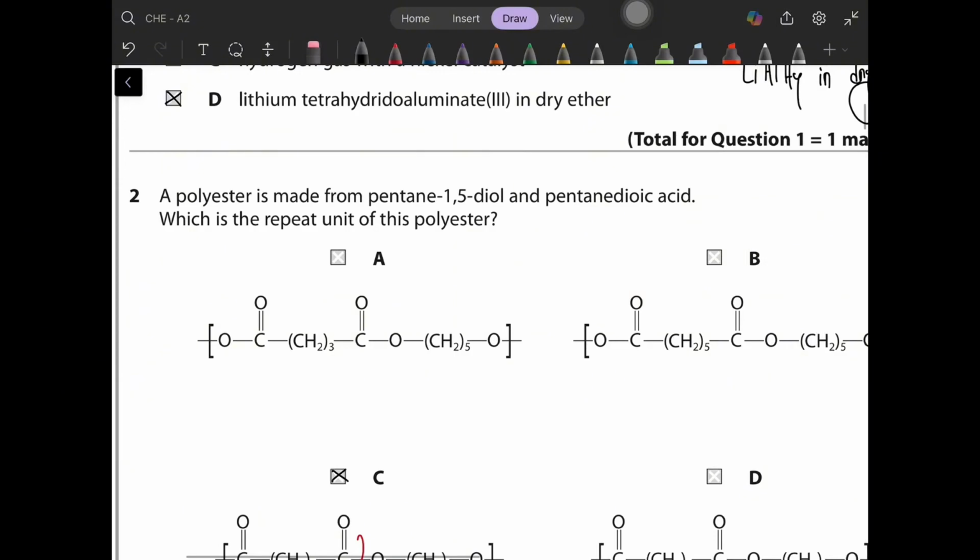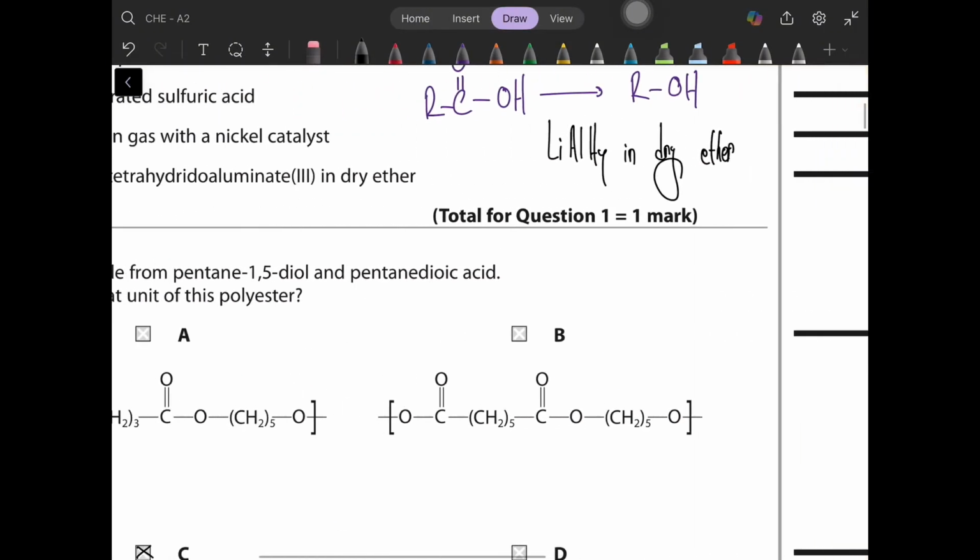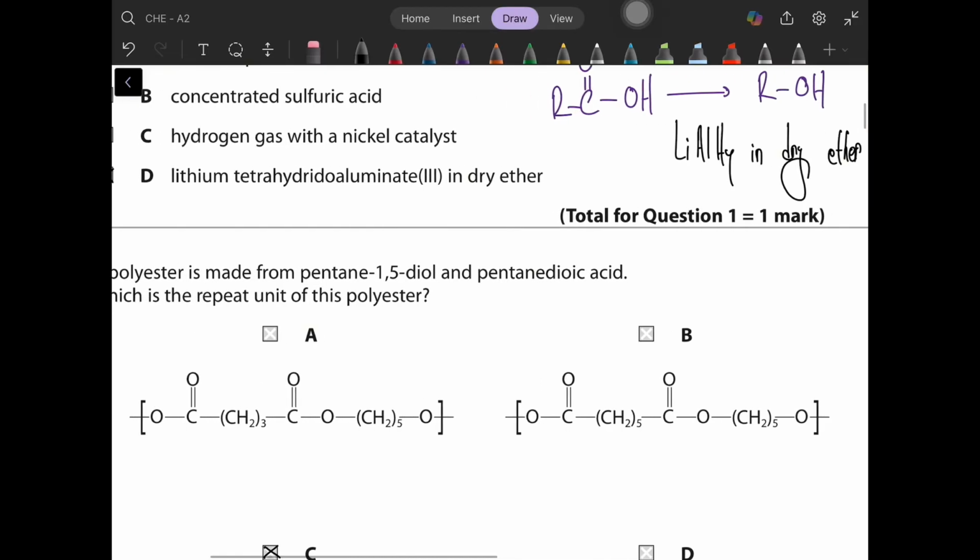A polyester is made from pentane-1,5-diol and pentanedioic acid. What is the repeat unit for this polyester? So basically, just a basic idea: pentane and pentane. Pentane means that there are going to be 5 carbons, so C5.